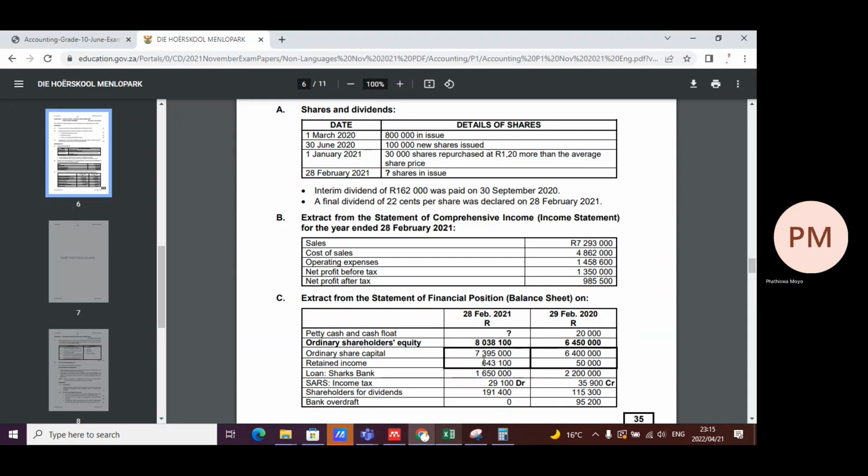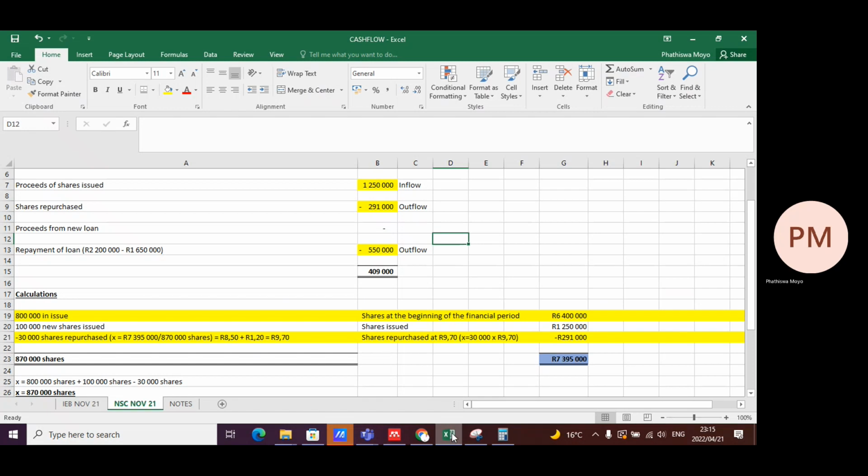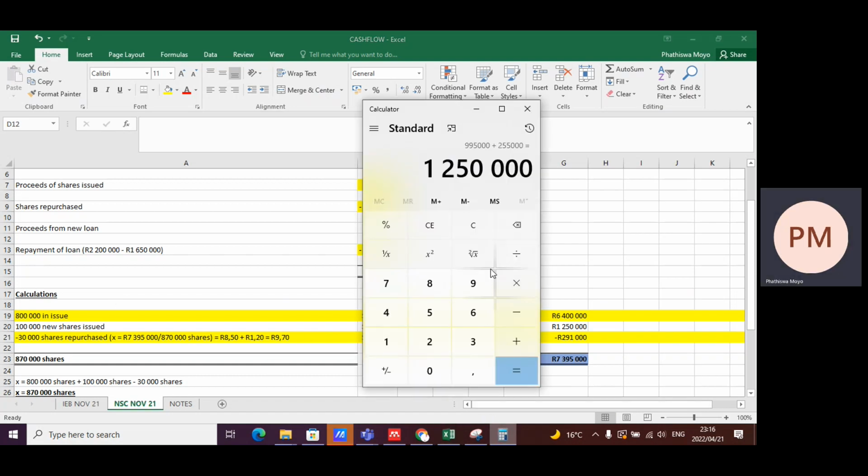Usually it would have been 8 Rand if we're doing the statement of financial position, because it would be 6.4 divided by 800,000, which is 8 rand, ladies and gentlemen.